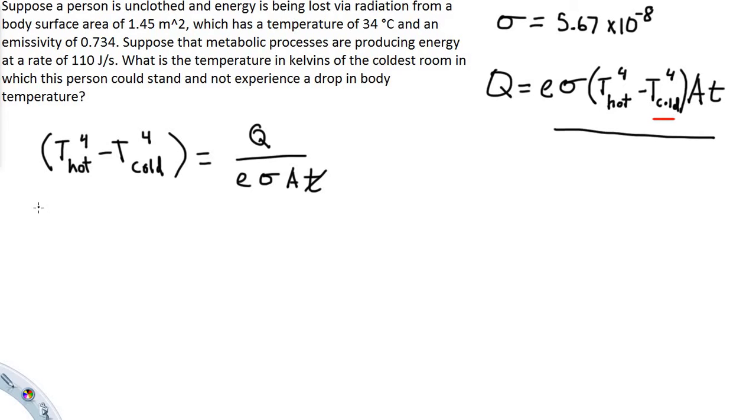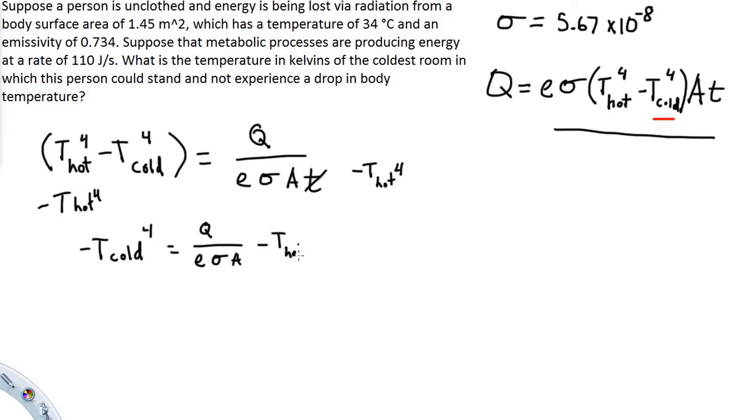So what we're going to do is we are going to minus out T hot to the 4th, so then it will be... and then the next thing is we just want this variable here.